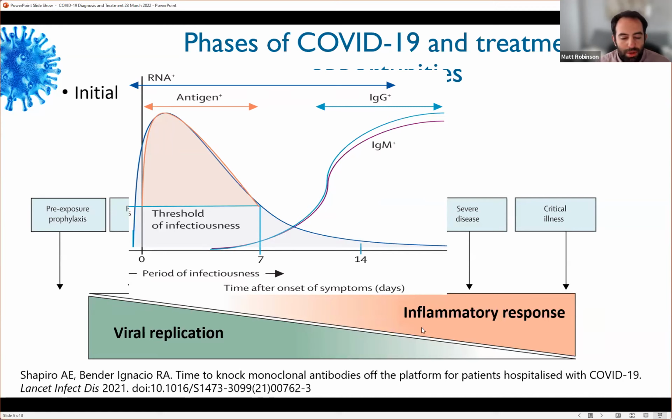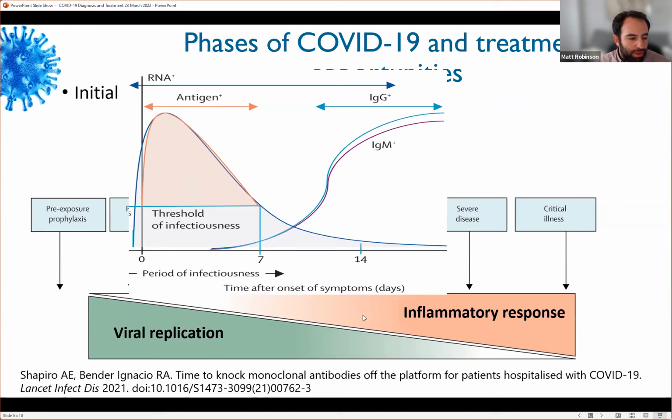For patients who are immunocompromised, they may have a delayed or absent inflammatory response, and the viral replication phase can continue for longer. This is important when we consider the types of therapies that are available for COVID, because as we progress farther into disease course, therapies that are directed against the virus are less likely to be effective because disease is at that point more modulated by the inflammatory response.